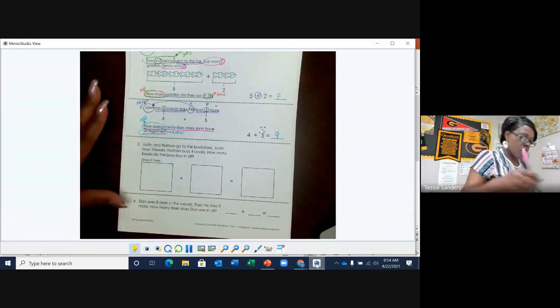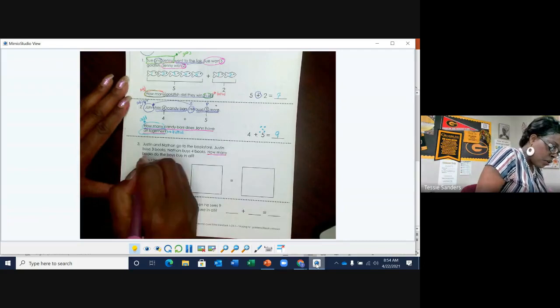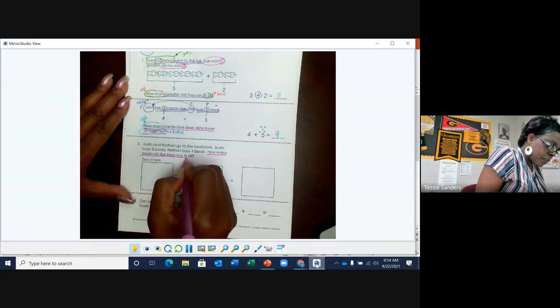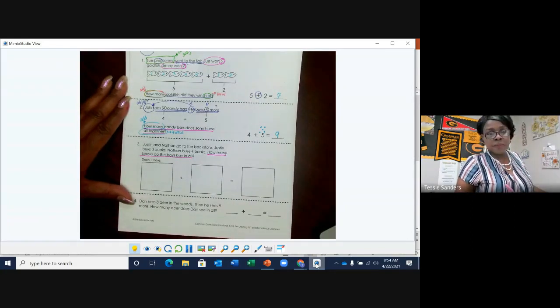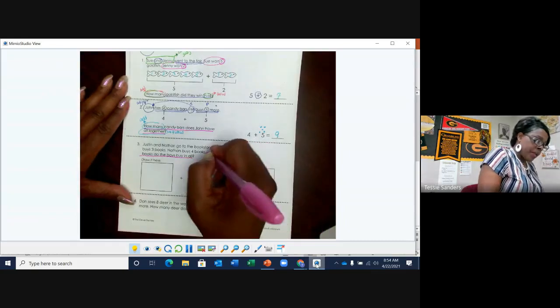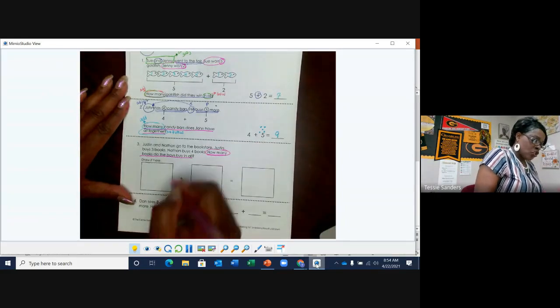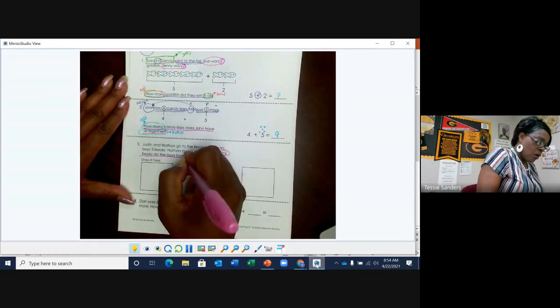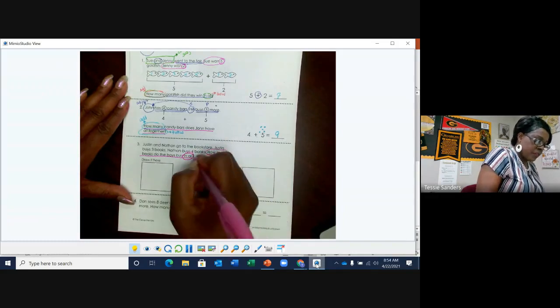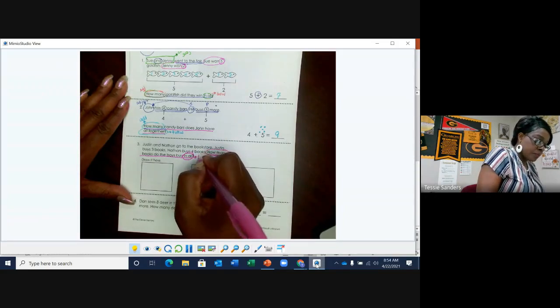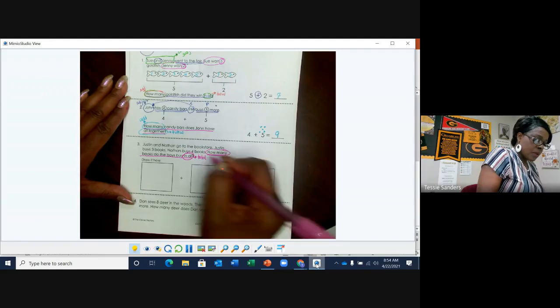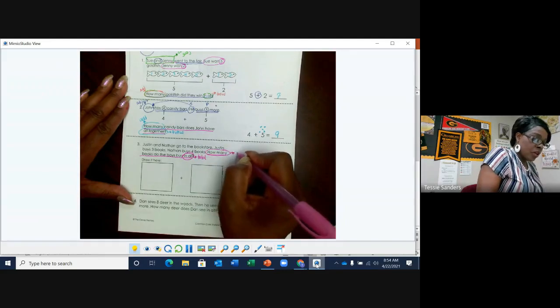Underline your question. How many books do the boys buy in all? Circle how many. Circle in all. Again, this is the total. This means that you will add.